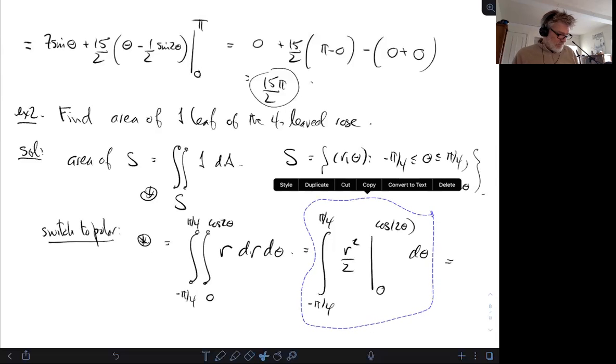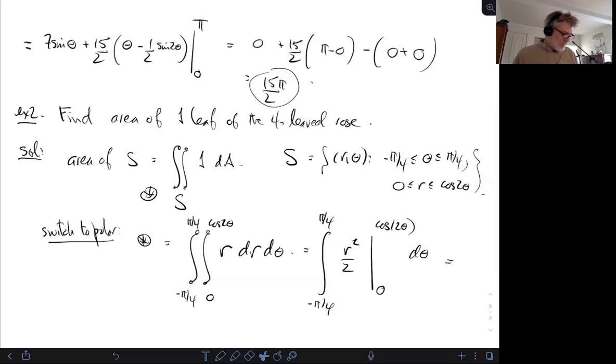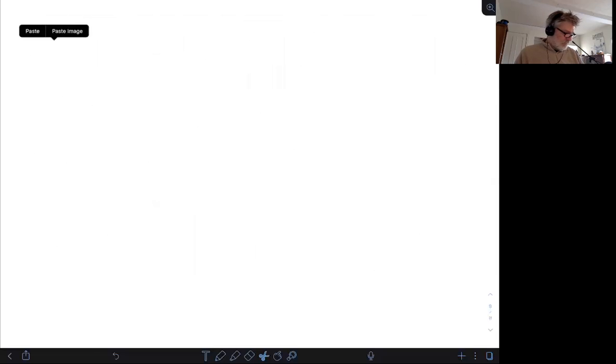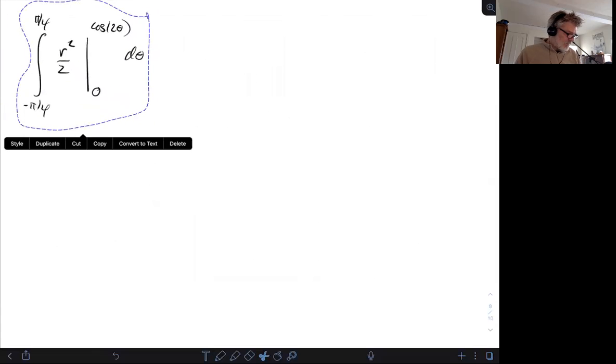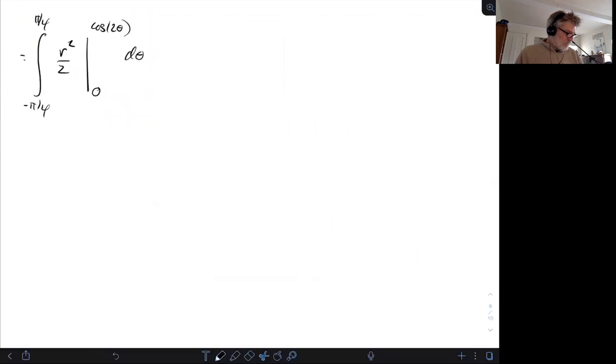So let's copy this and paste this. Okay, so I just replace and subtract. Integral from minus pi over 4 to pi over 4, this will be cos squared 2 theta over 2 minus 0. So this is it.